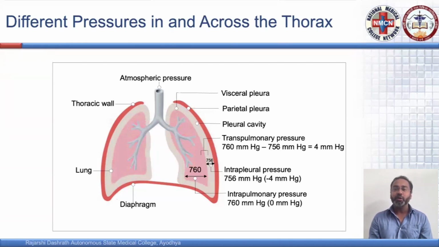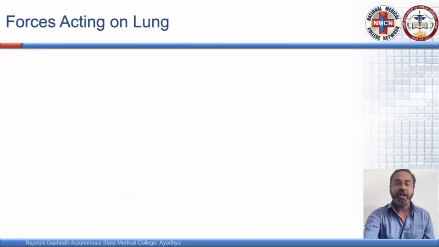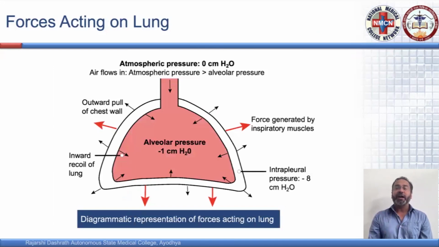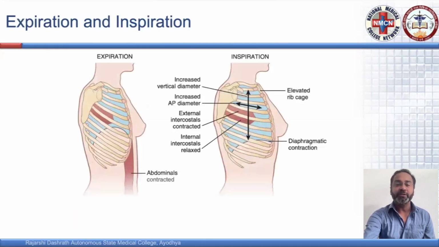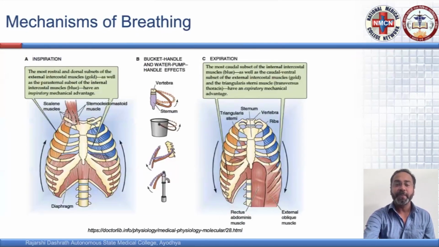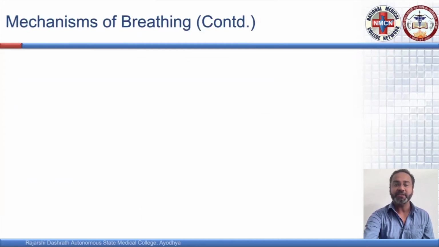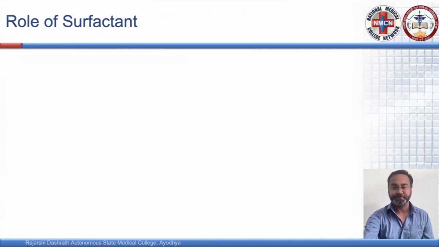From 760, it goes down to 759, and because of which the pressure outside becomes more and the pressure in the lungs becomes less, and air starts moving from outside to inside, which is called inspiration.